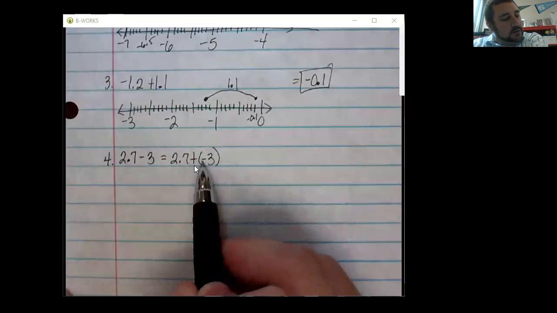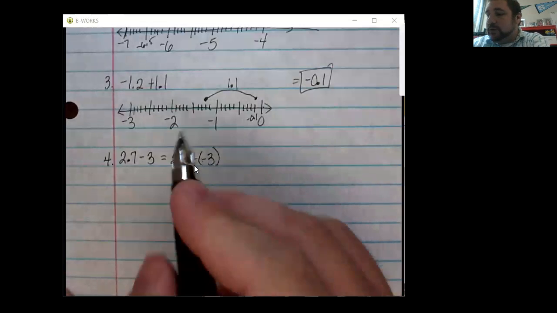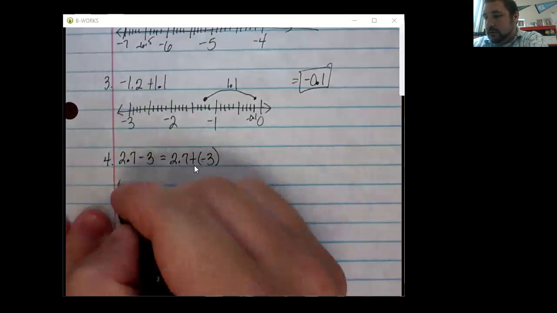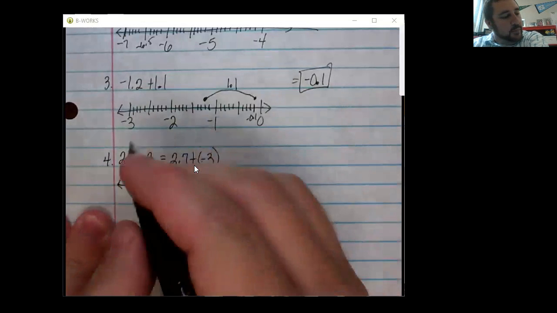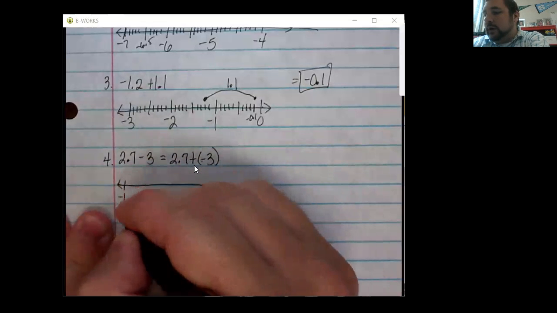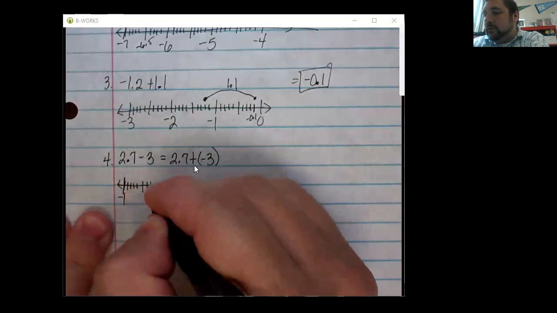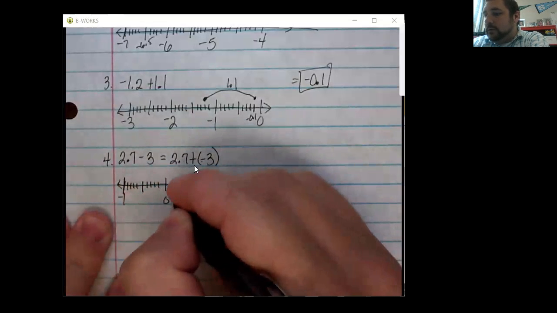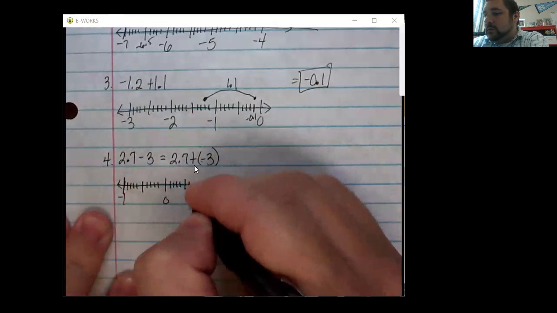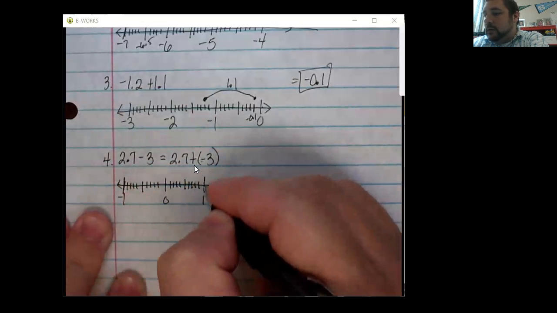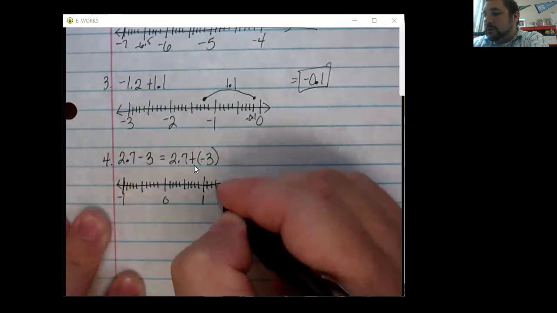All right. So if we start at 2.7, we're going to number our number line all the way to -1 on the left. And then 1, 2, 3, 4, 5. 1, 2, 3, 4. This is 0. This is 1. This is 1.5.